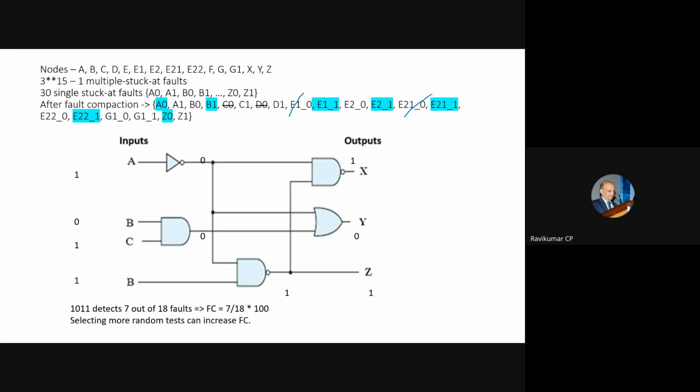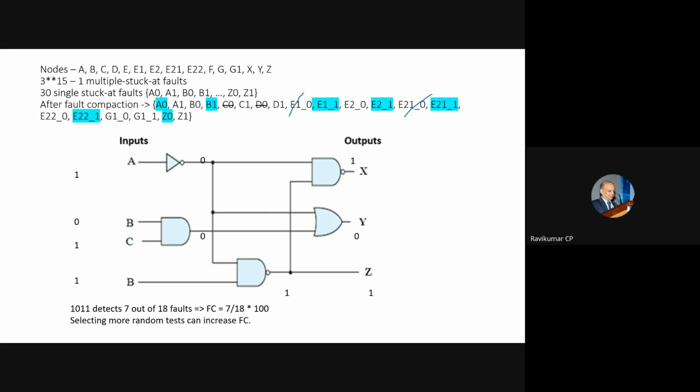See, maybe it is a redundant line. Okay, that wire is redundant, and if there is a redundancy, you can't catch that fault.